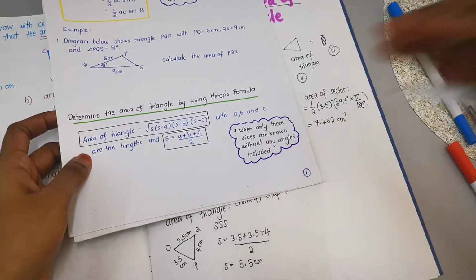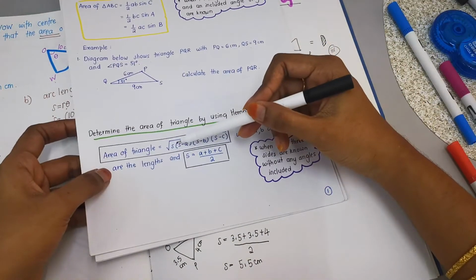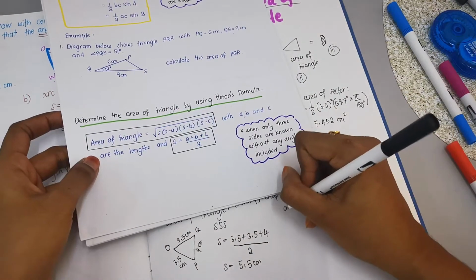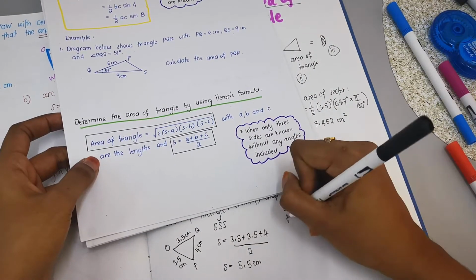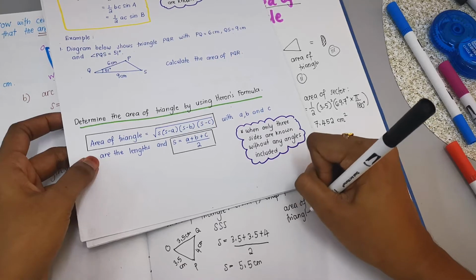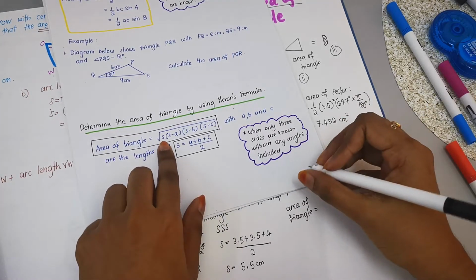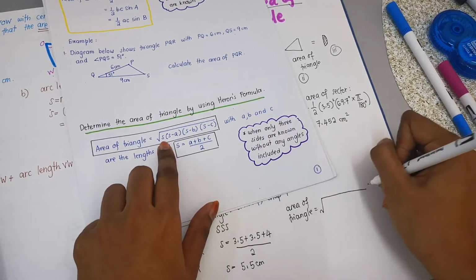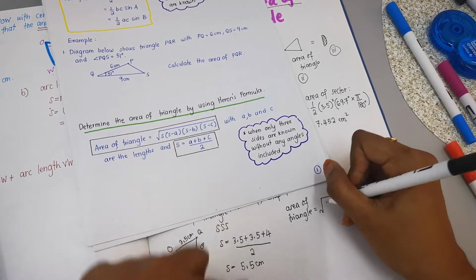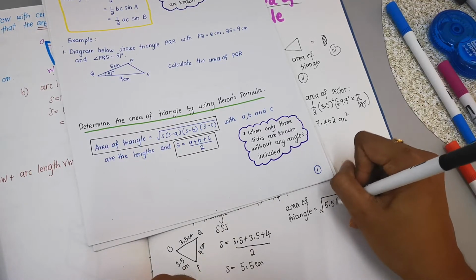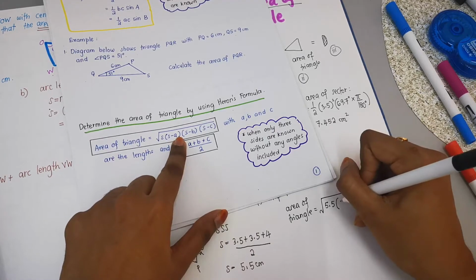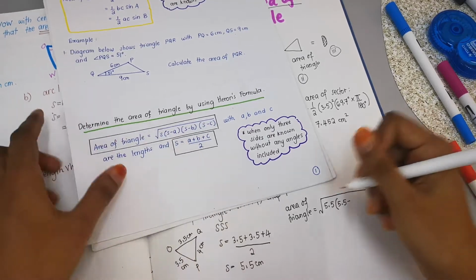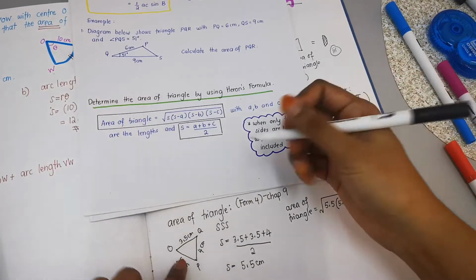Now we can apply this inside the formula. So the area of triangle will be, follow this, square root of S, S is 5.5, then S minus A, so 5.5 minus 3.5.